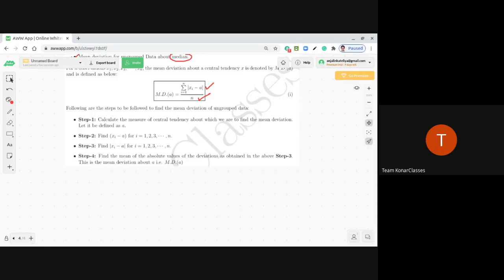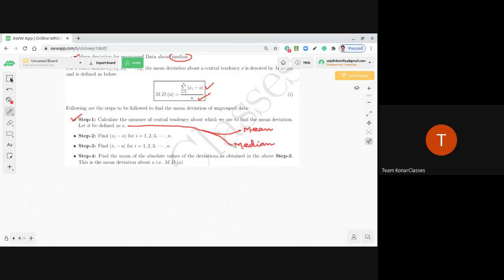So after receiving the data, dear students, step 1 is to calculate the measure of central tendency about which we are to find the mean deviation. Let this be A. This A should be either the mean or the median.